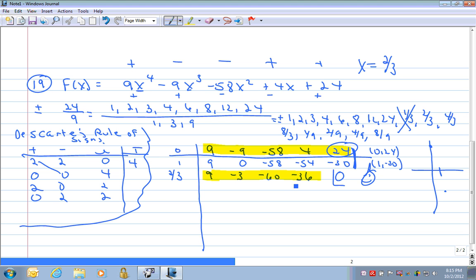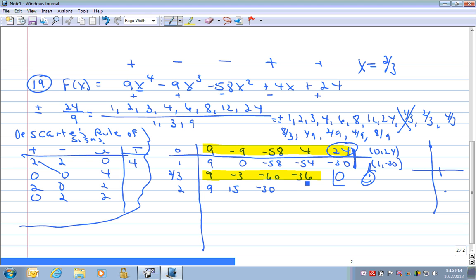We take this group of numbers and we try positive 2. So we bring down the 9, we get a 9. 2 times 9 is 18. 18 and negative 3 would be 15. 2 times 15 is 30. 30 and negative 60 is negative 30. And 2 times negative 30 is negative 60.